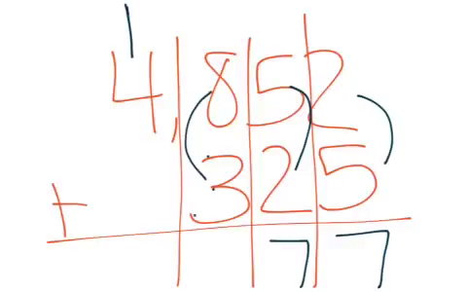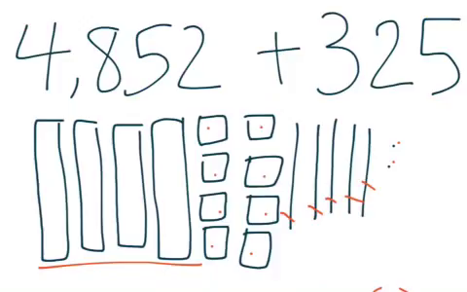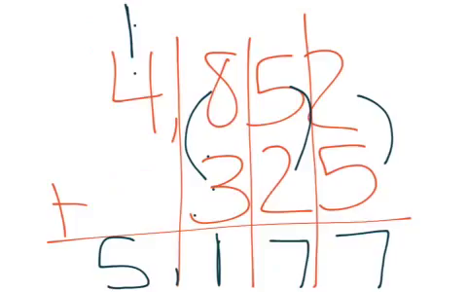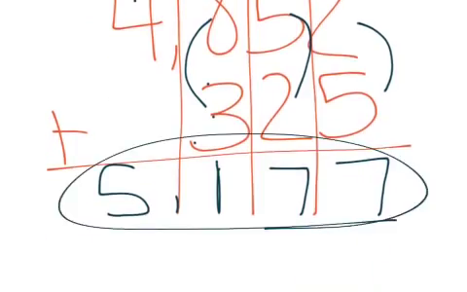So I have to carry 1. 4 plus 1 is 5. So 5,177. So that is the exact answer that I got with the place value drawing as well. So that's the same answer that you should have gotten. And make sure that you have this work shown on your note sheet.